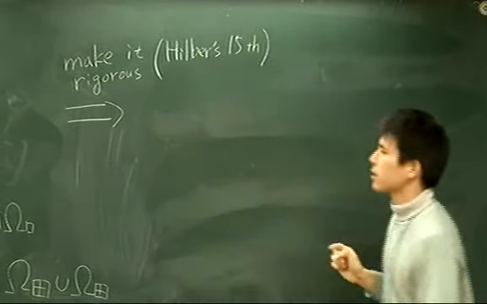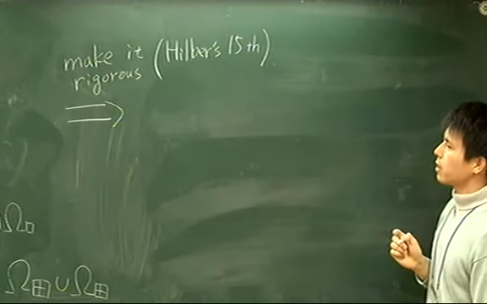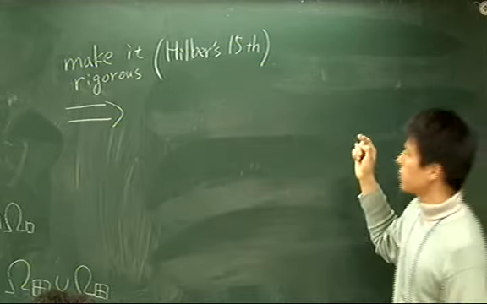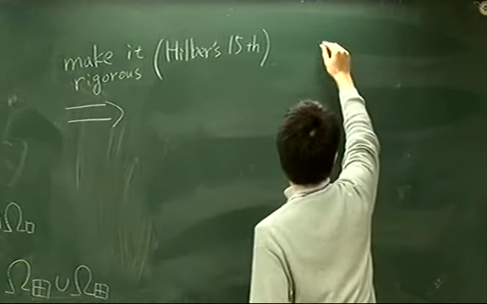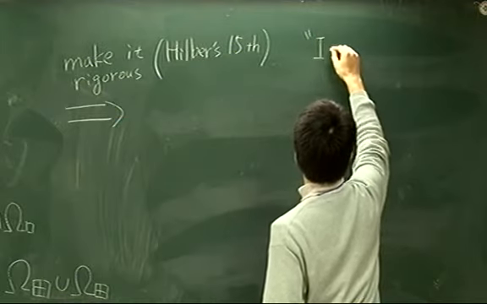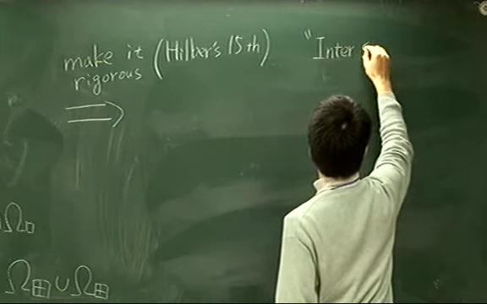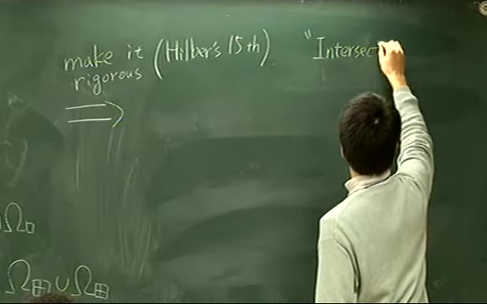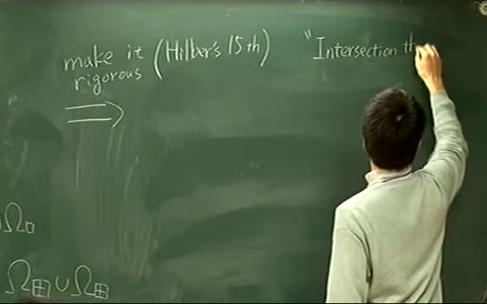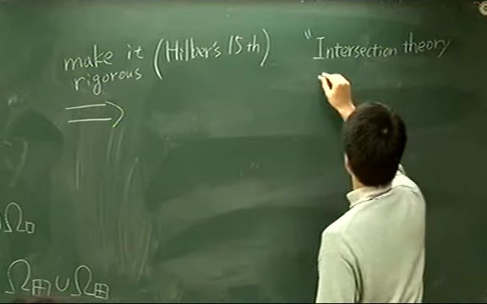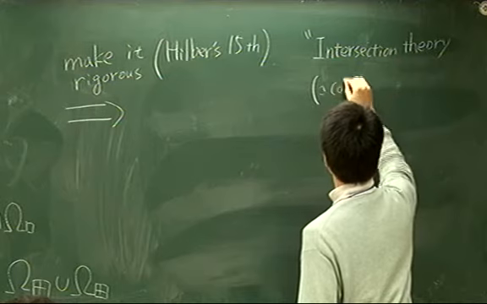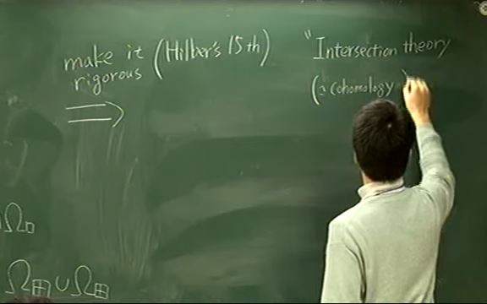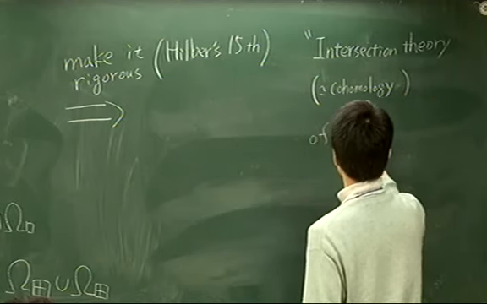And that was a major subject in the first half of the 20th century, and now it is solved, as intersection theory. This is equivalent to just homology theory of resonance.